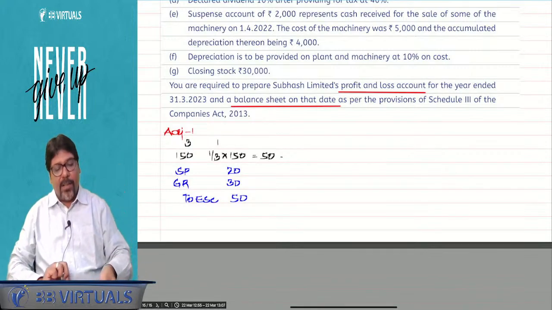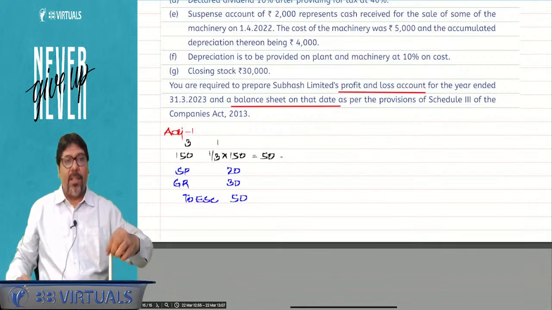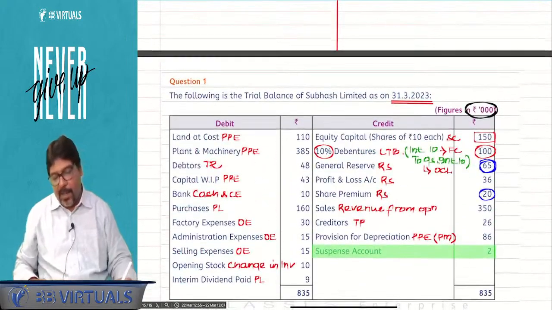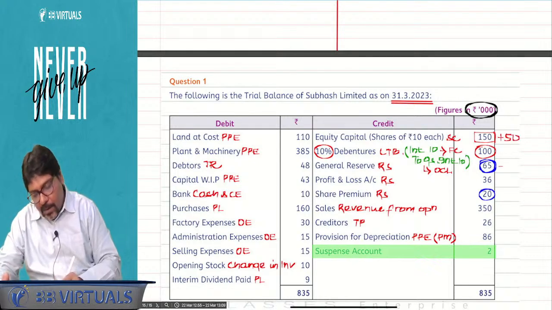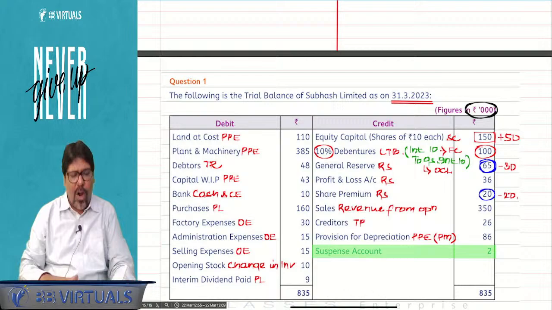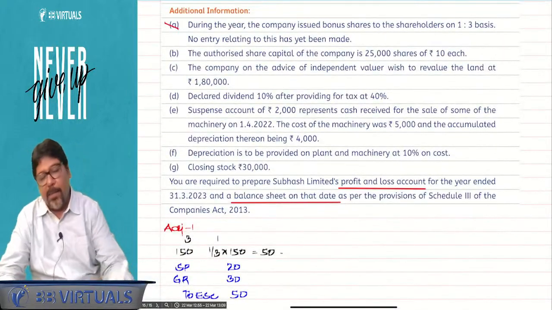So your security premium will reduce by 20, your general reserve will reduce by 30 and your share capital will increase by 50. So what I wrote over here: plus 50, general reserve minus 30, security premium minus 20. Understood? So adjustment number one is done.